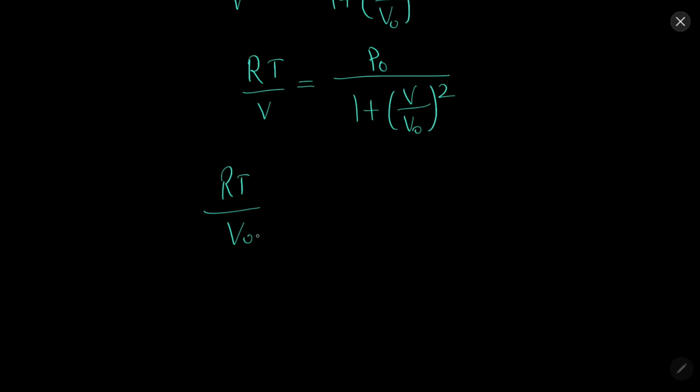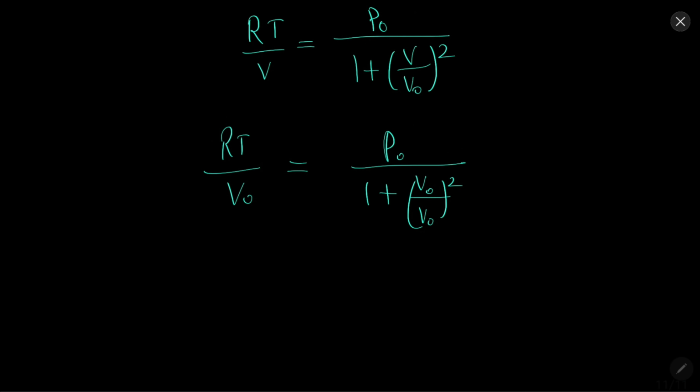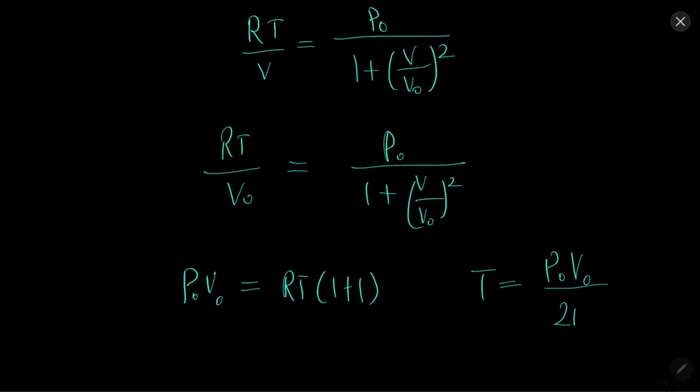RT over V naught equal to P naught over 1 plus V naught over V naught whole square, because V is equal to V naught. So P naught V naught, let it be V only, RT equals P naught V over 1 plus 1. So T will come out to be P naught V naught over 2R.